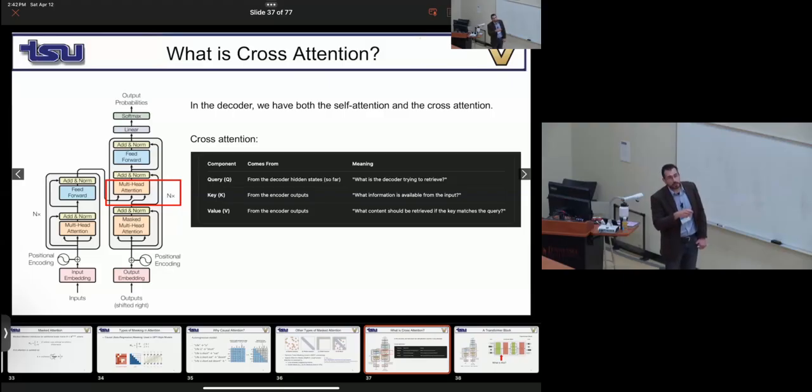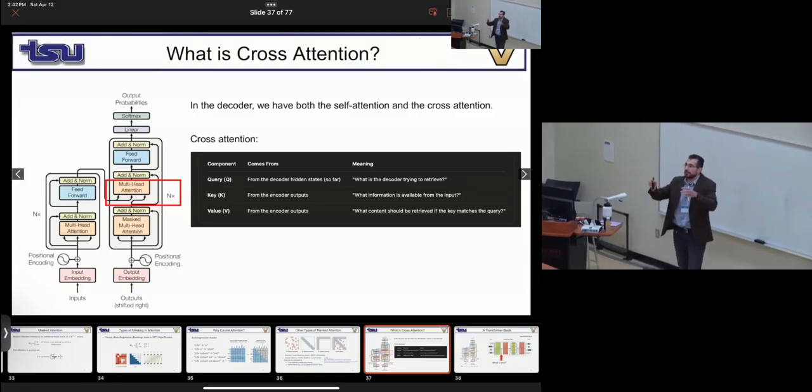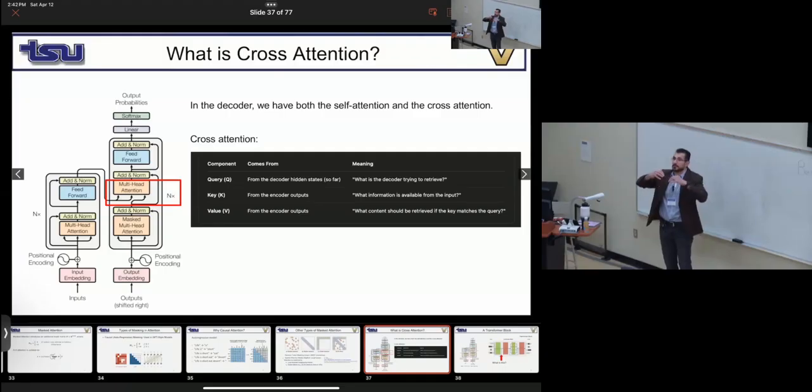This context vector coming from our encoder is going to behave as both the key and the value. So the key and value come from the context vector, but the query comes from the input to the decoder. Because we are decoupling them, they are not coming from the same X, they are coming from two different entities. This is referred to as cross attention.